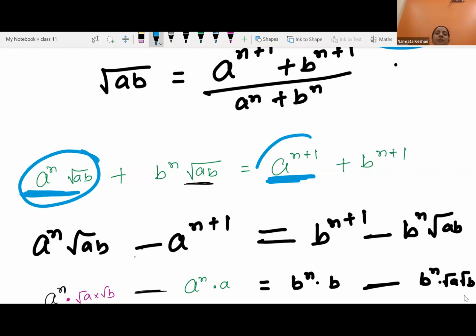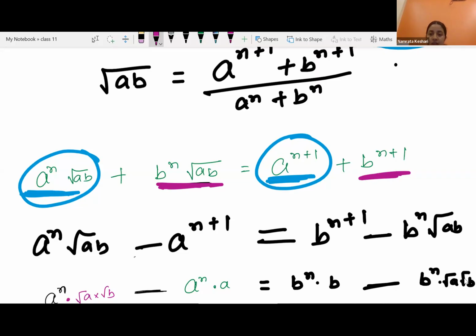Why? Maybe we can do factorization. Okay, we are just taking them together. And this term, this b to the power n, we are keeping with that one. Why are we doing so? Maybe we will be able to do factorization. That's why. Making sense?